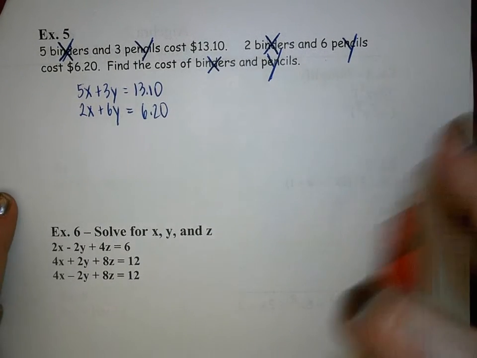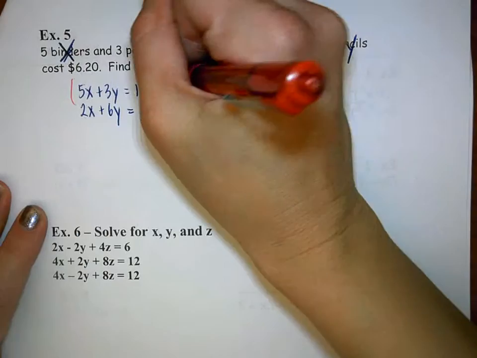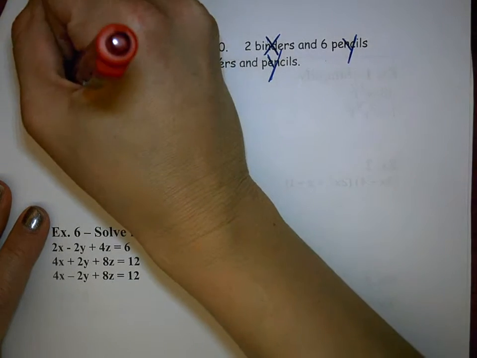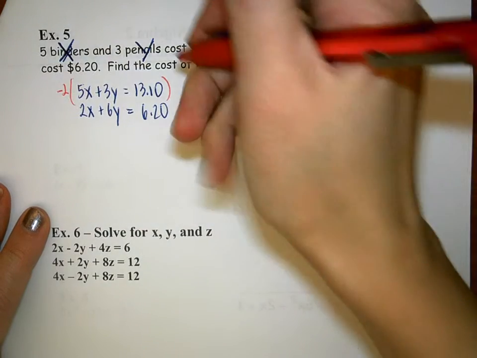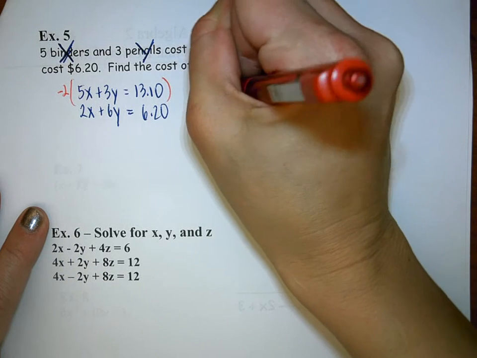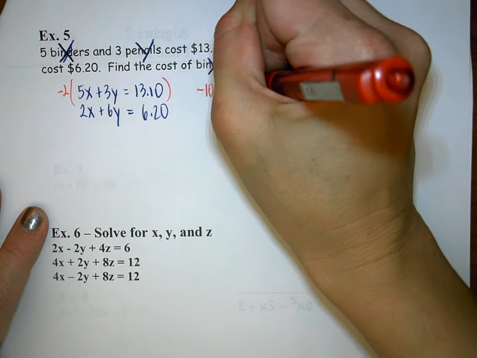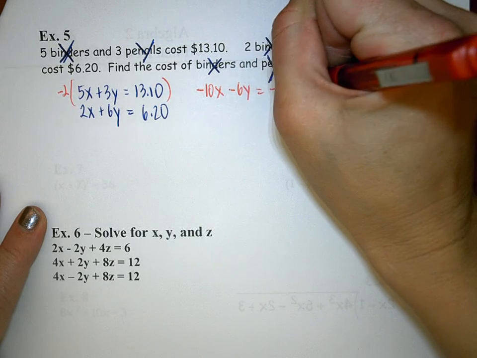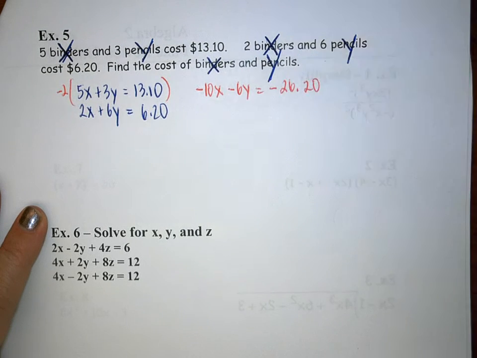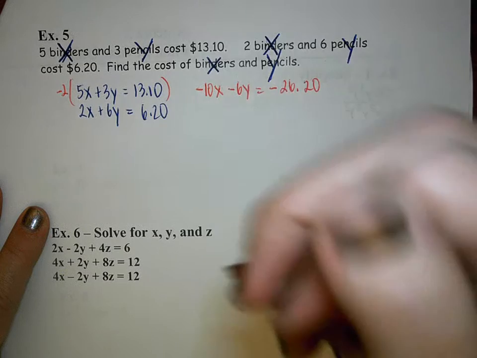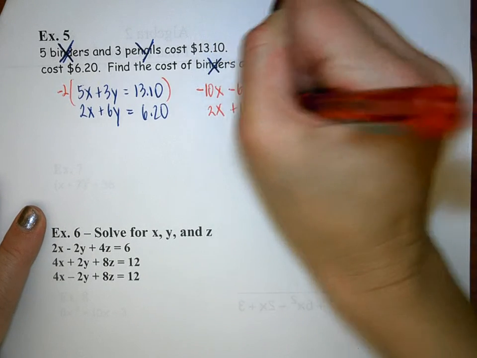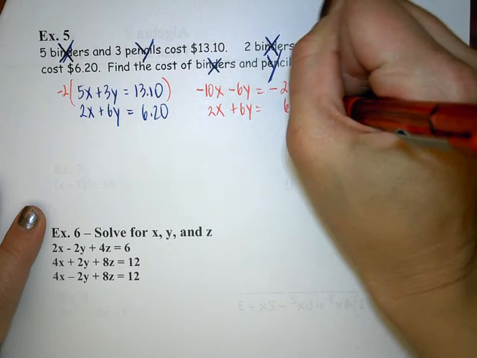Good, you only have to multiply that top equation by negative 2 in order to make it a negative 6. So we get negative 10x minus 6y equals negative $26.20. And then I'll rewrite the bottom equation, 2x plus 6y equals $6.20.